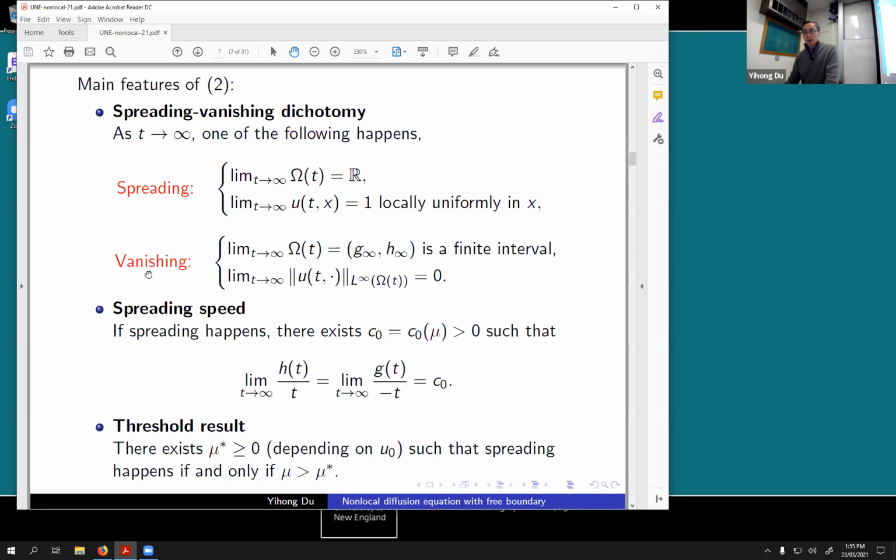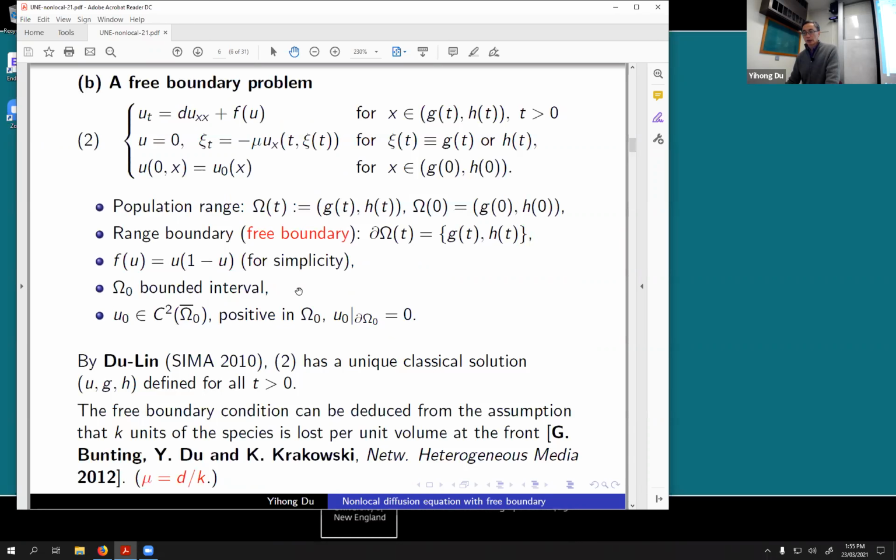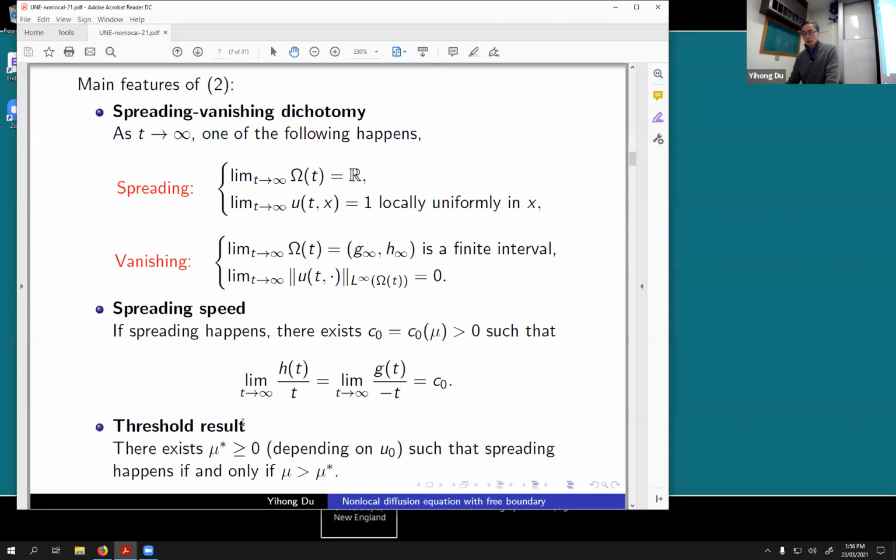And also, we can determine when these two alternatives happen. If we use mu as the parameter, there's actually a threshold value, mu star, so that successful spreading happens if and only if mu is greater than mu star.